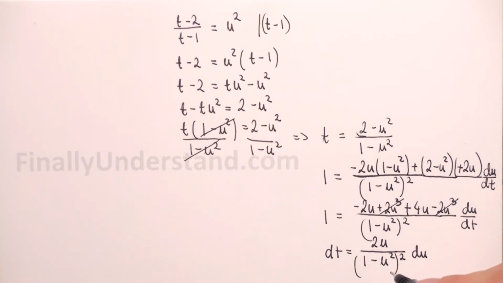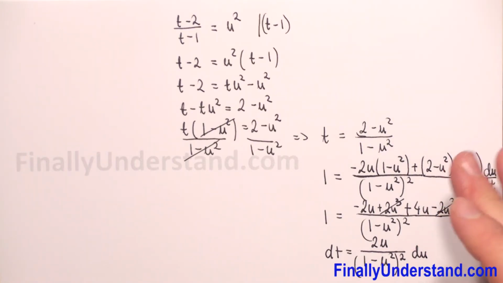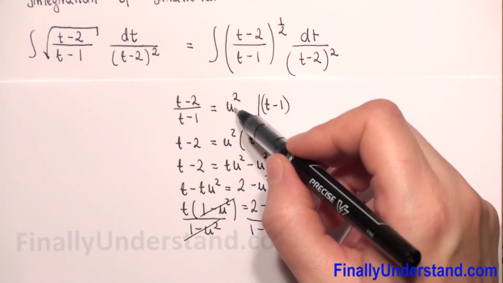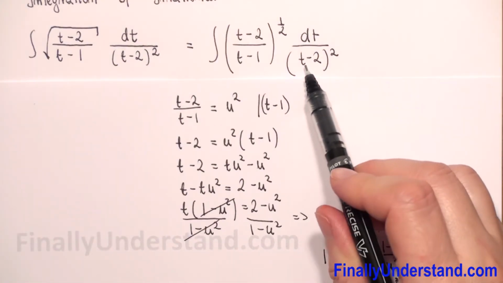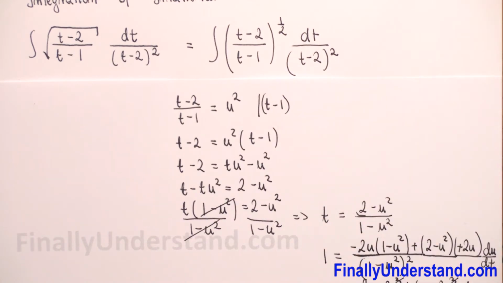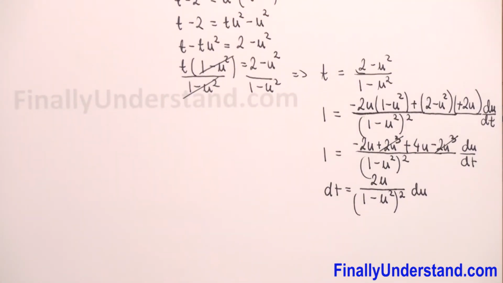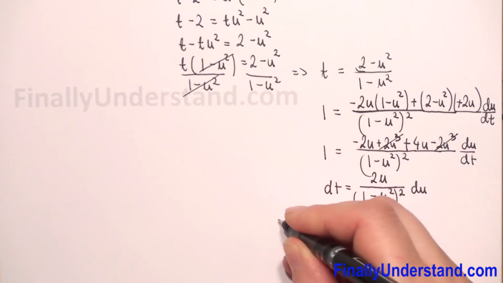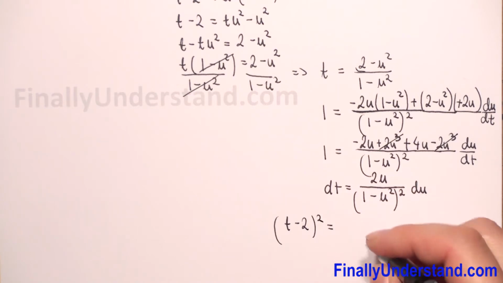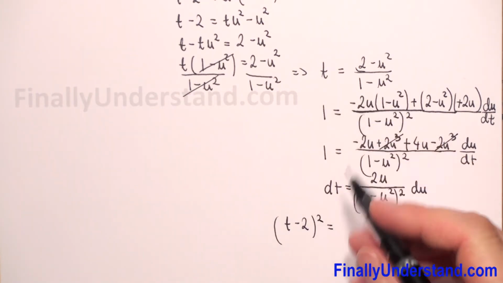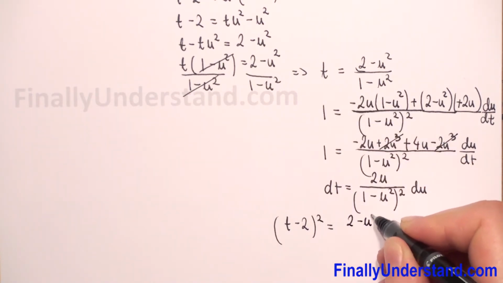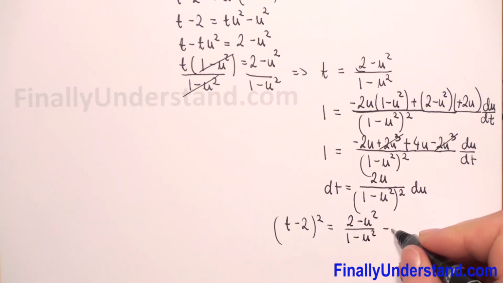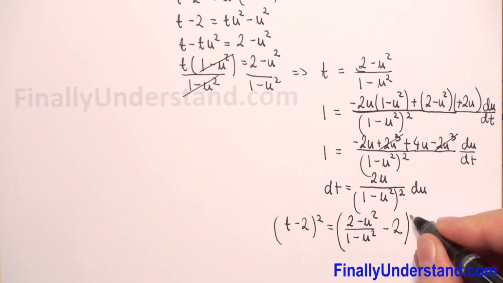We have dt, we have this whole expression equal to u square. So now we will find (t minus 2) to the second power. Let me copy this. We have (t minus 2) to the second power. We have that t is equal to (2 minus u square) over (1 minus u square), and we have minus 2, everything to the second power.